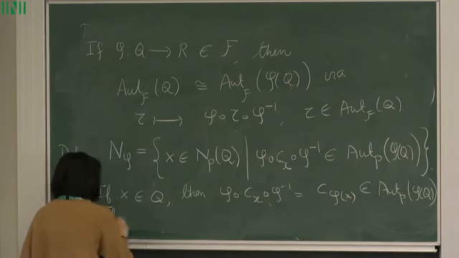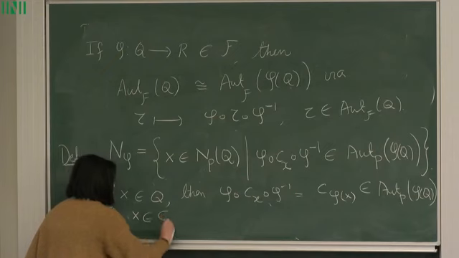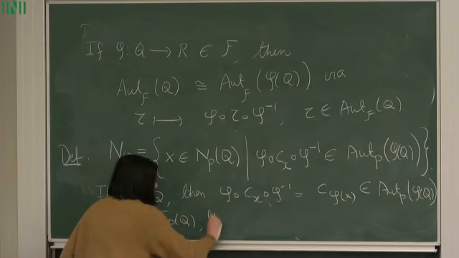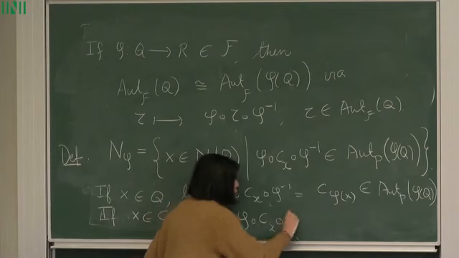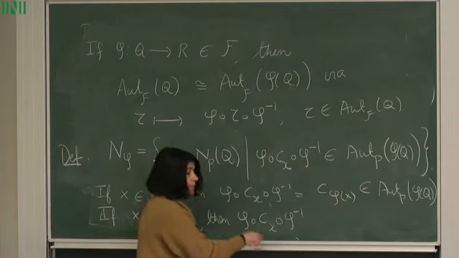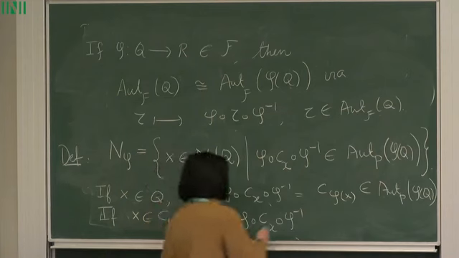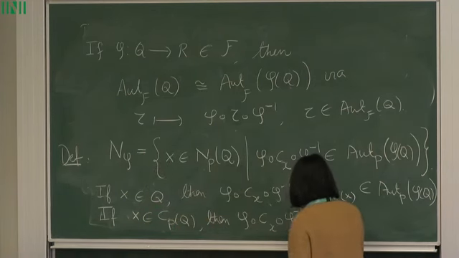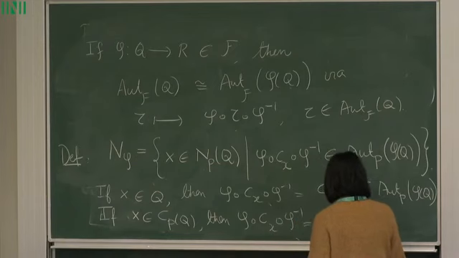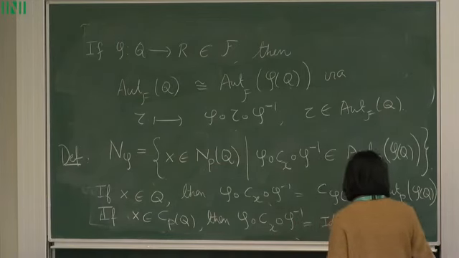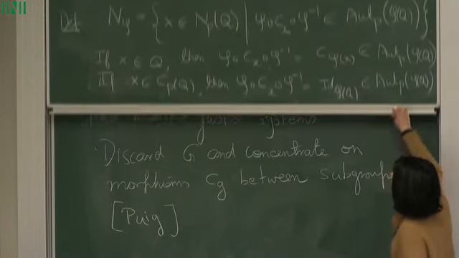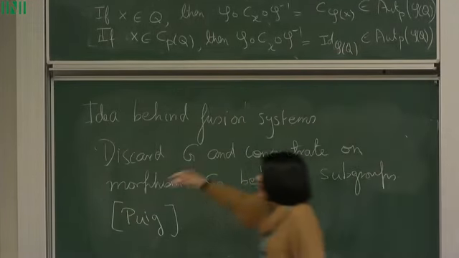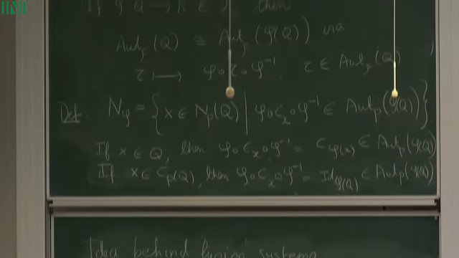And of course, if x belongs to the centralizer in P of Q, then conjugation by x is just the identity map. And then if you conjugate that identity map with anything, you're just going to get the identity of phi(Q). And so you will also be in Aut_P of phi(Q). Okay, this is really elementary if you've never seen this before, but you just have to once sit down and look at it.